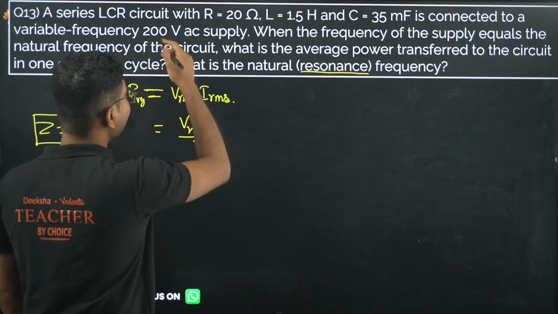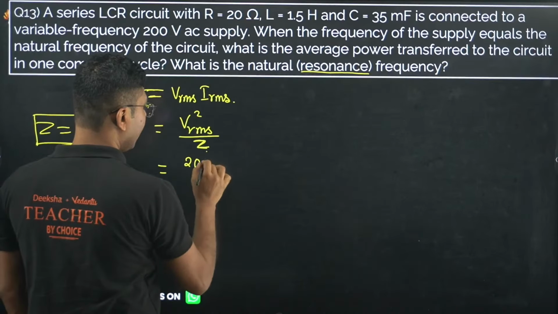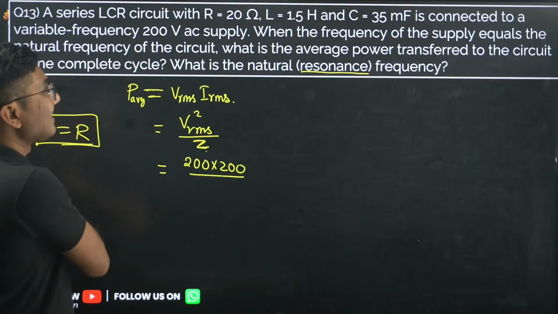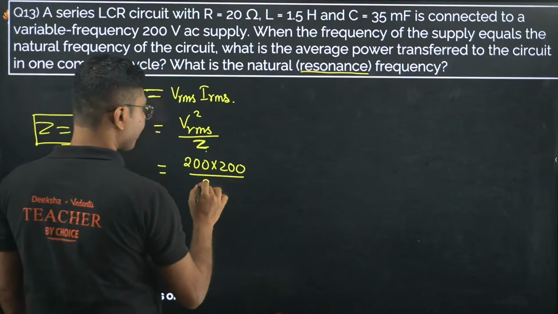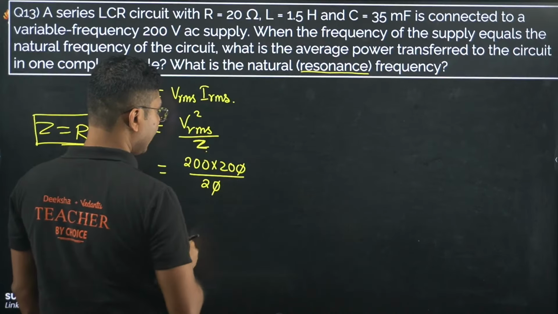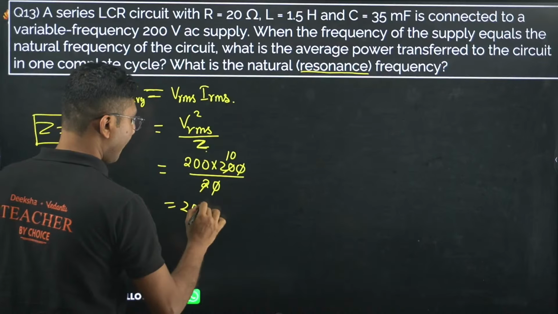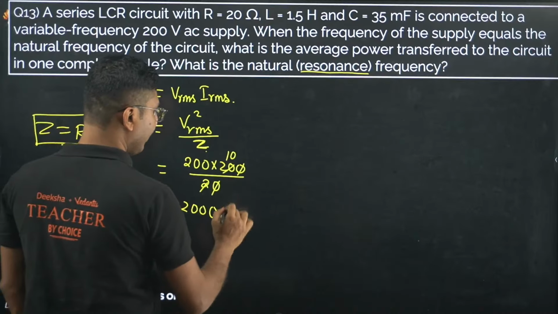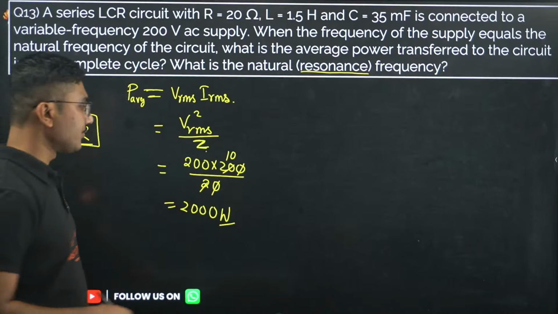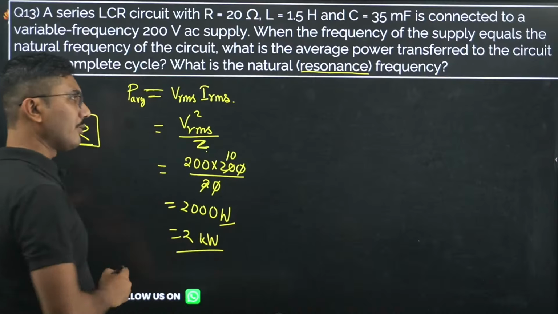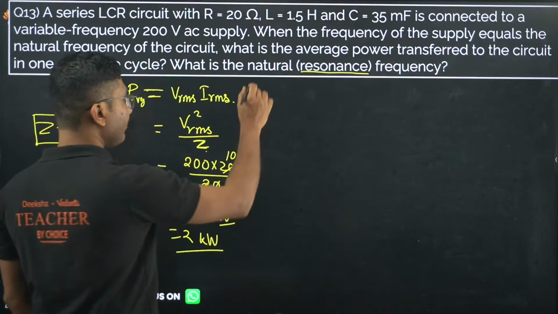So V RMS is given, 200 into 200 divided by the resistance, 20. The 2 cancels, you get 2000 watt. Unit is watt. Average power is 2000 watt or 2 kilowatt, whichever you are comfortable with.